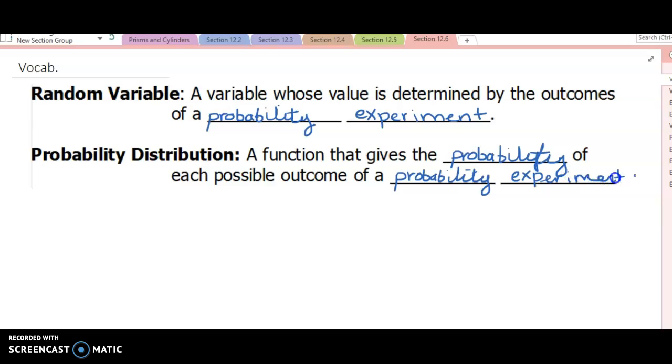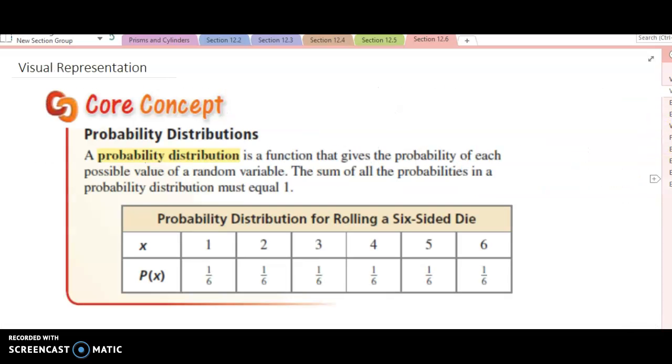All right, so let's just look at a visual representation here. This is a probability distribution, and this is the theoretical probability of rolling a six-sided die. So we roll a 1, we roll a 2, we roll a 3, we roll a 4, so on and so forth. The probability that we roll a 1 is 1 out of 6.